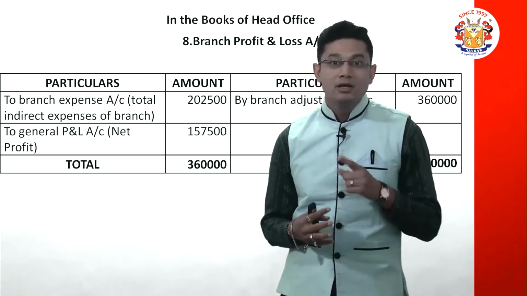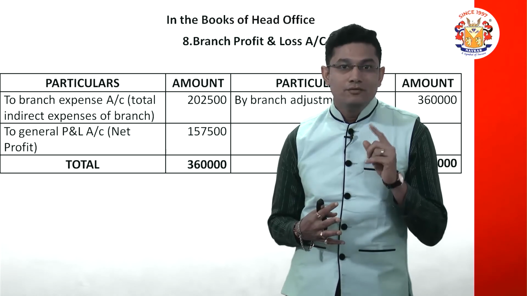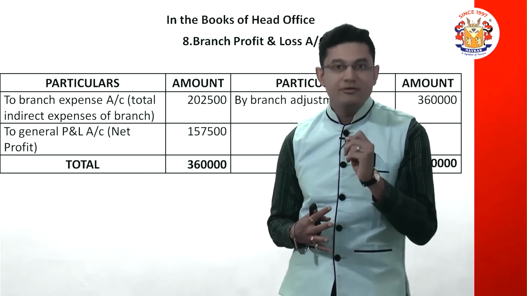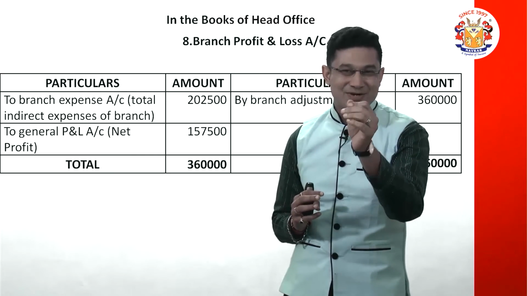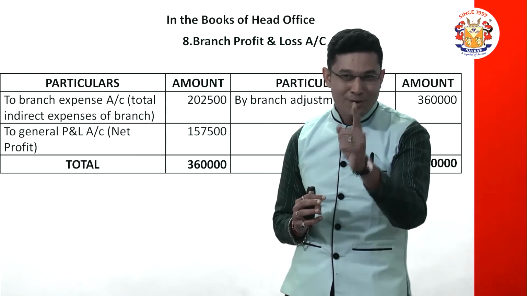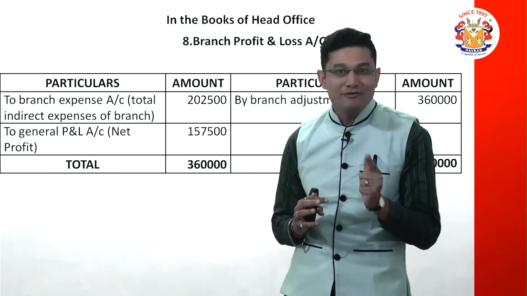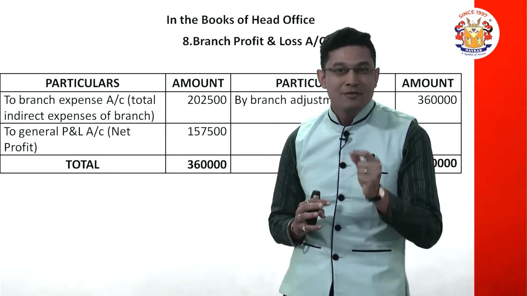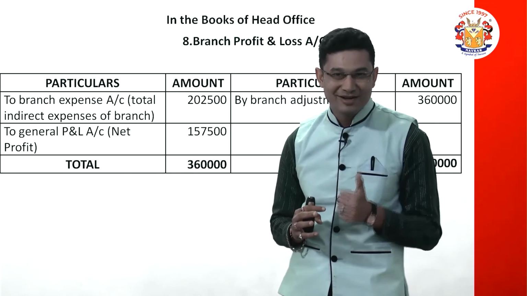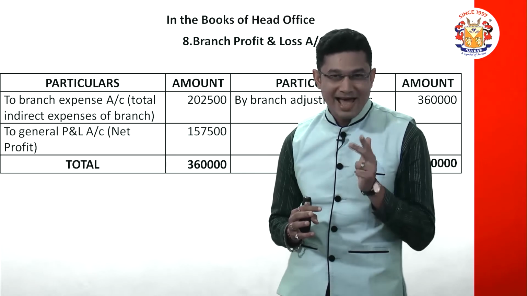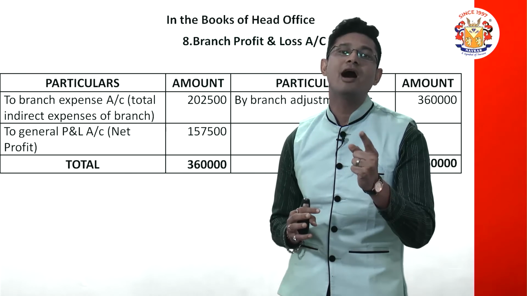Sir, in debtors method as well as in final accounts method, we got the same amount of net profit, 157,500. You are right. So the amount of net profit through branch will be the same in case of debtors method, final accounts method and stock and debtors method, but presentation will be different.